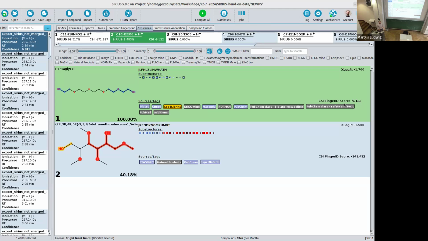There is a Bayesian network scoring behind it, which takes one fingerprint and the predicted fingerprint, matches them, gives you a score and ranks them. But this is nice if you want to see which parts are more certain for the structure and which are not. That can be helpful in this way.